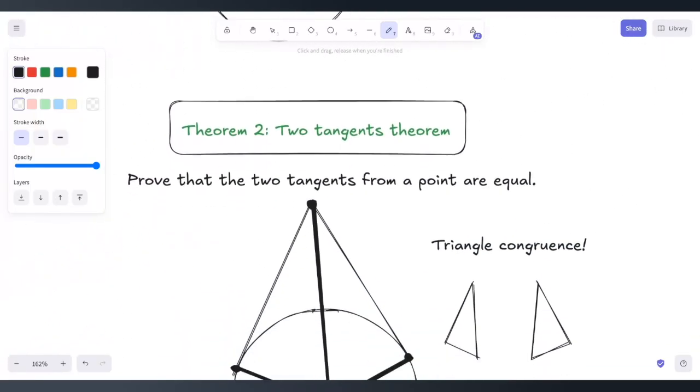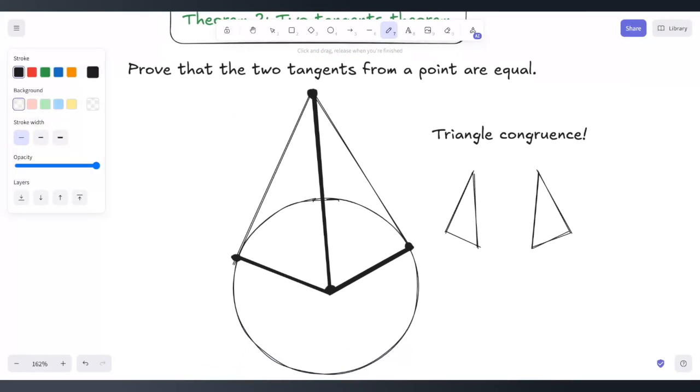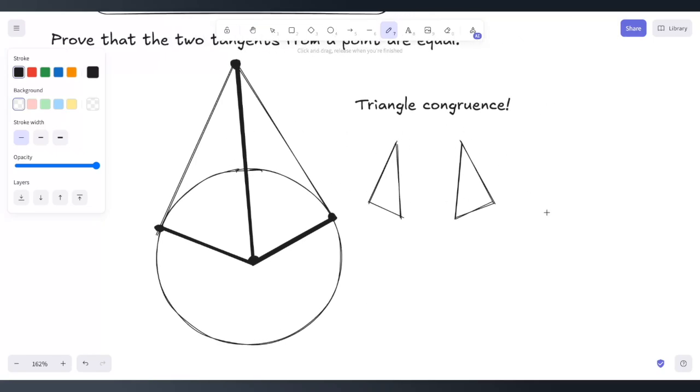So now that we've proved that, we move on to theorem 2, the two tangents theorem. So we have a point and a circle, and we want to prove that the lengths of these tangents over here are equal. So let's separate these two triangles over here, and using theorem 1, first of all, we know that these are right angles, so let's just mark these on the diagram, and we also know that these are radii, which must be equal in a circle.